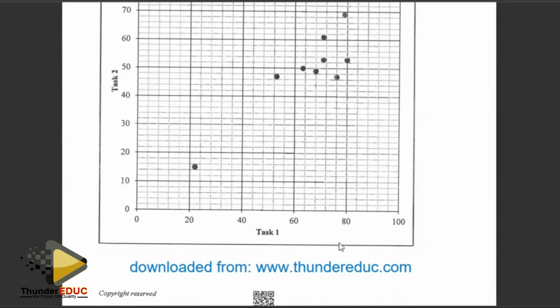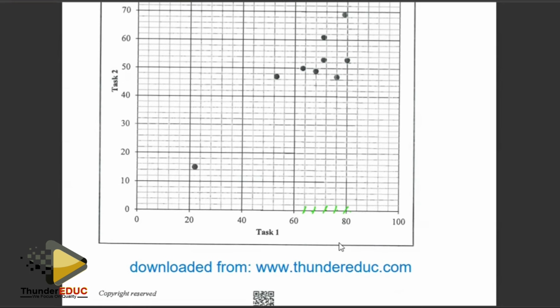You come down here. 68 task 1. When you count the lines in between 60 and 80, we have 5 lines: 1, 2, 3, 4, 5. So the difference between 60 and 80 is 20. 20 divided by 5, you get 4.